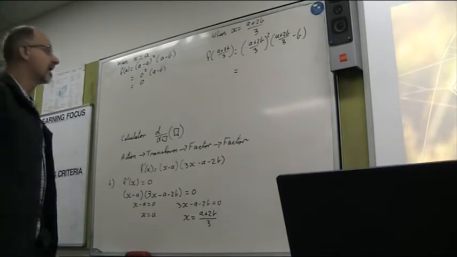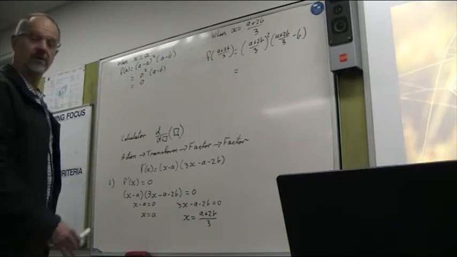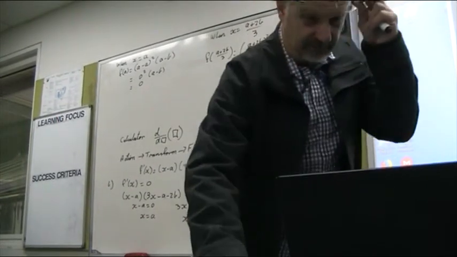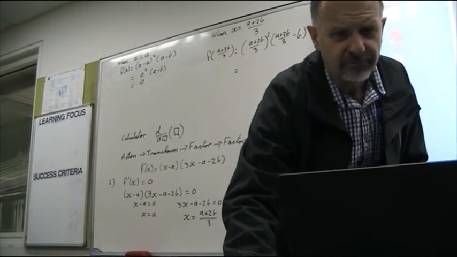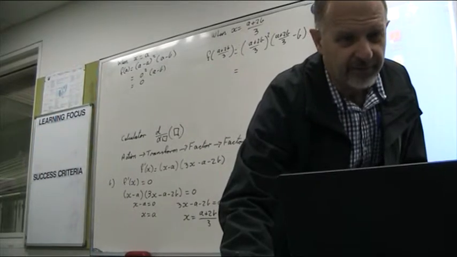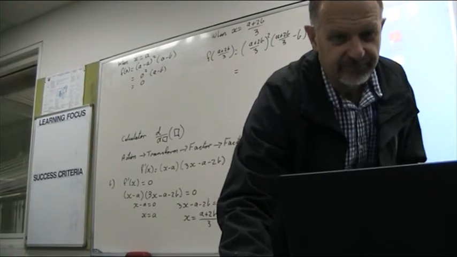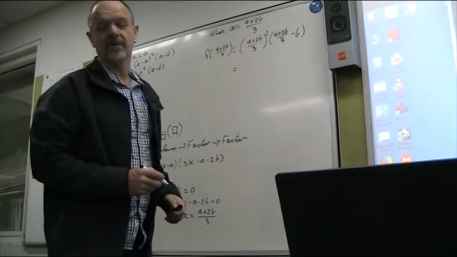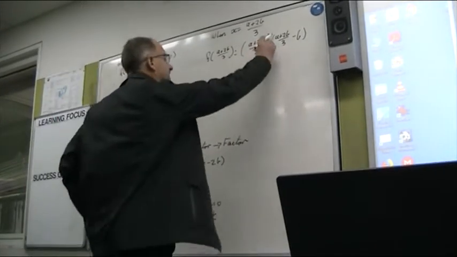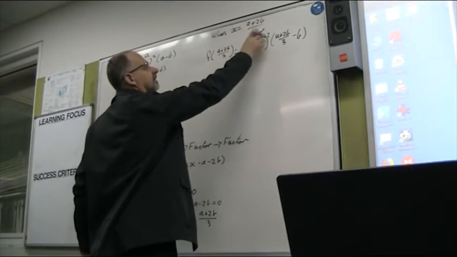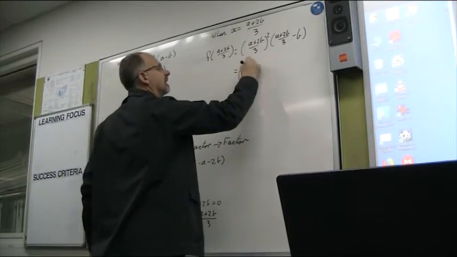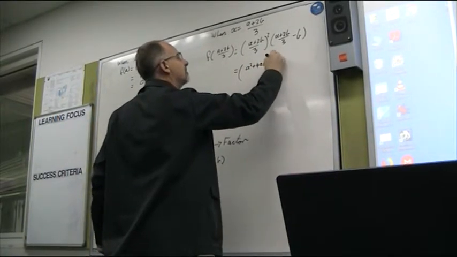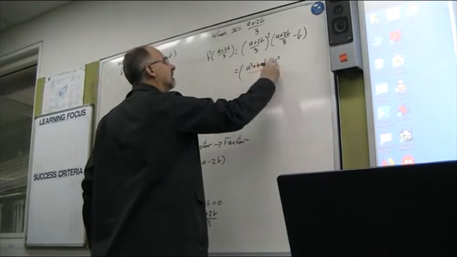And that's something we might want to do on the calculator. Or we can expand it, so I'll just expand it. Squaring the top line there, I'll get a squared plus 4ab plus 4b squared over 9.